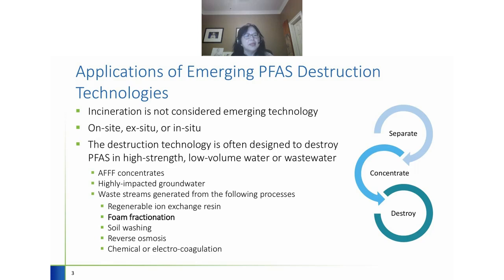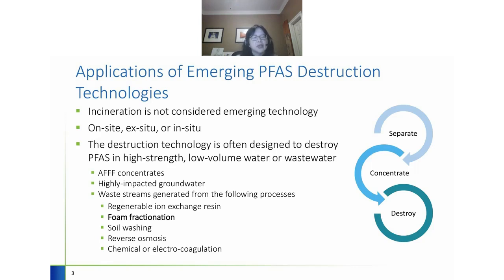So how can PFAS destruction be applied in a real-world situation? The commonly known option for PFAS destruction is off-site incineration, which is not considered an emerging technology. And we are not sure yet if incineration can completely destroy PFAS. It requires very high temperatures, but there is also some evidence that even high temperature cannot completely destroy PFAS.